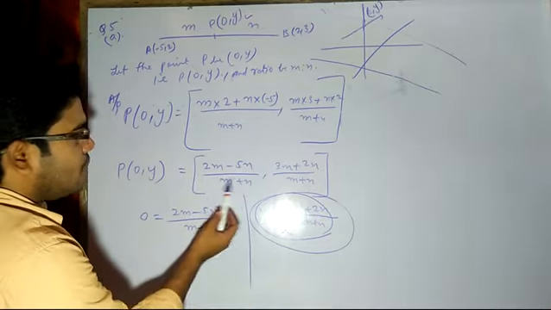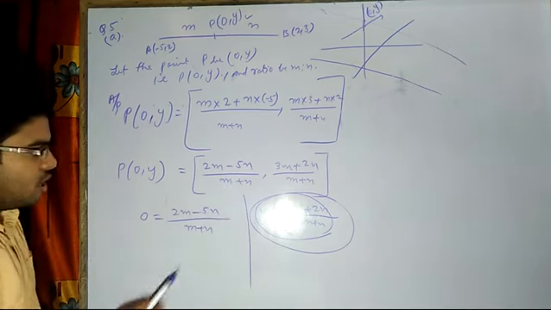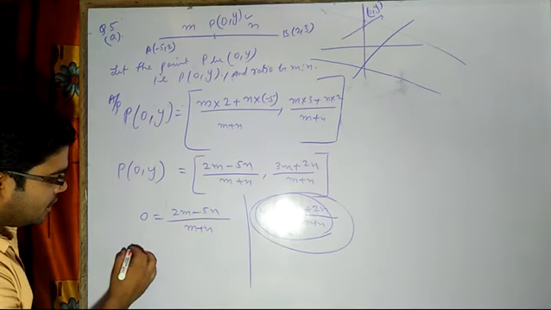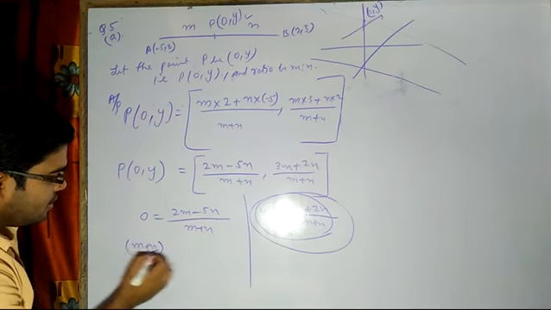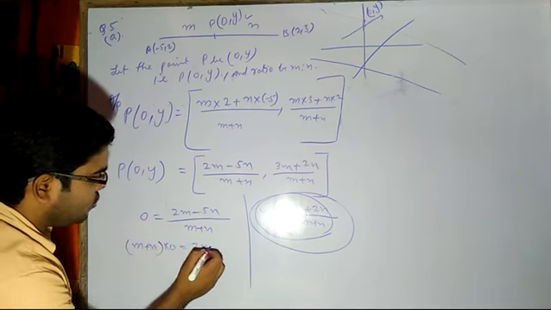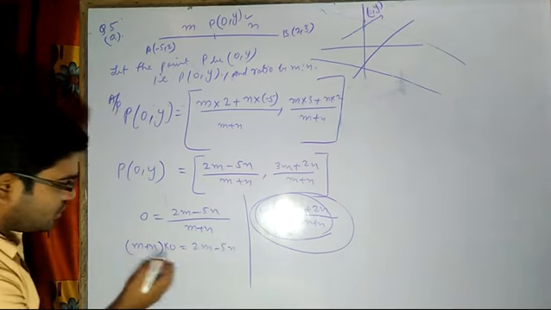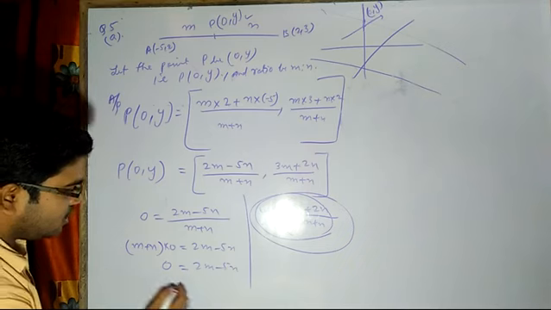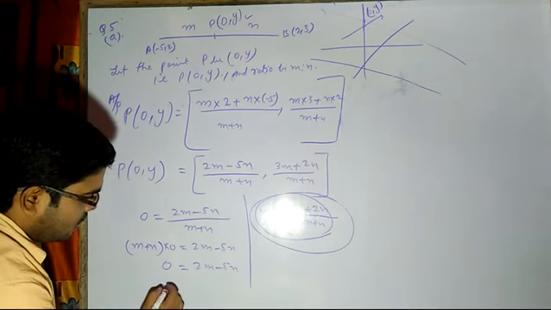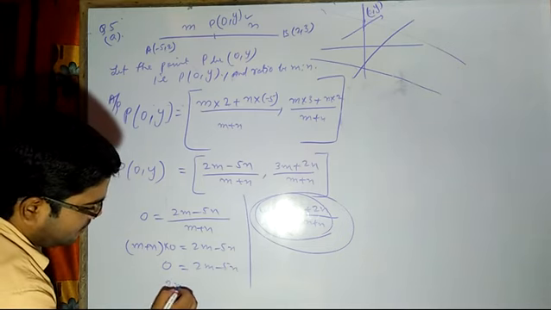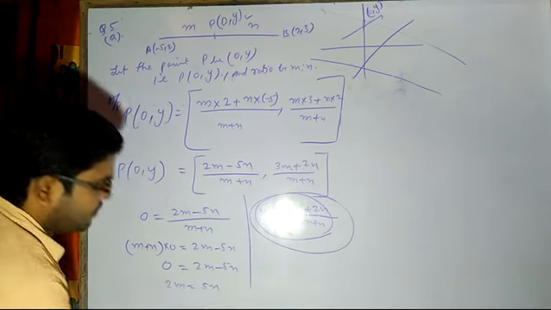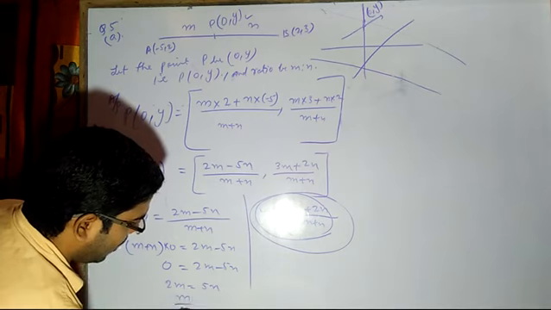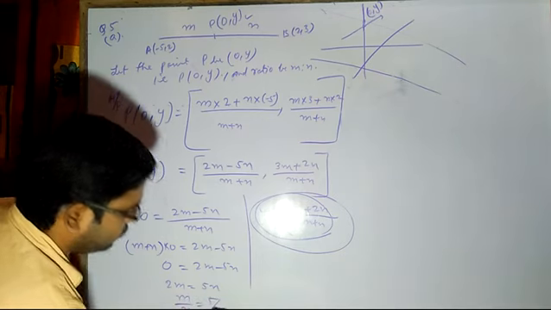So you have to always compare 0 with this particular expression, because on this side we have certain values. So (m plus n) into 0 is equal to 2m minus 5n. So 0 is equal to 2m minus 5n. So here you will get 2m is equal to 5n, and you can say m upon n is equal to 5 by 2.